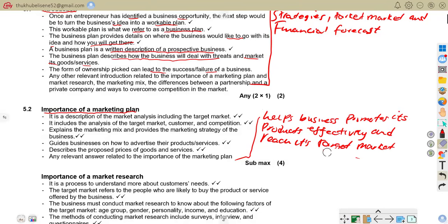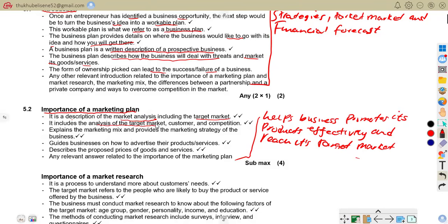That is that. So now let us come to the points given here under the importance of a marketing plan. It is a description of the market analysis, including the target market. So a marketing plan includes the analysis of the target market.